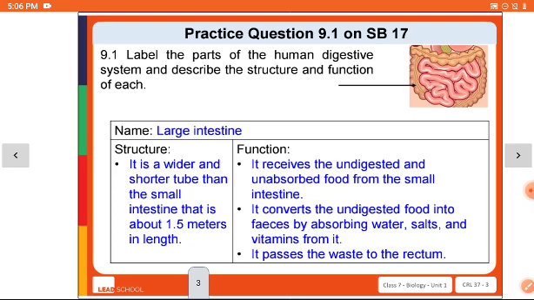And what is the function? It receives undigested and absorbed food from the small intestine. It converts undigested food into feces by absorbing water, salt and vitamins from it. It passes the waste to the rectum.